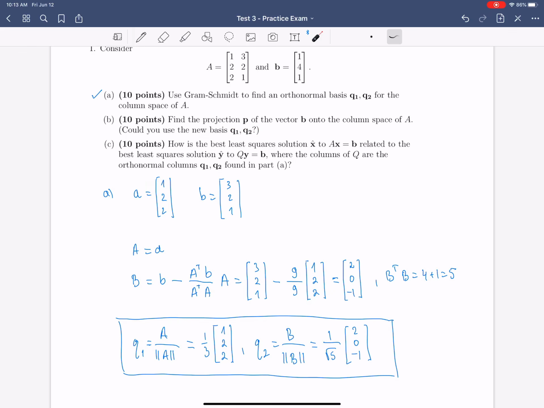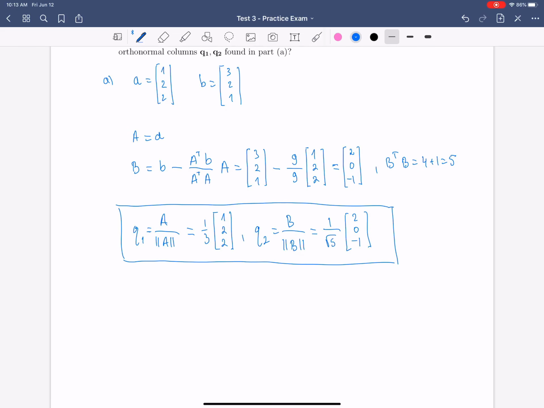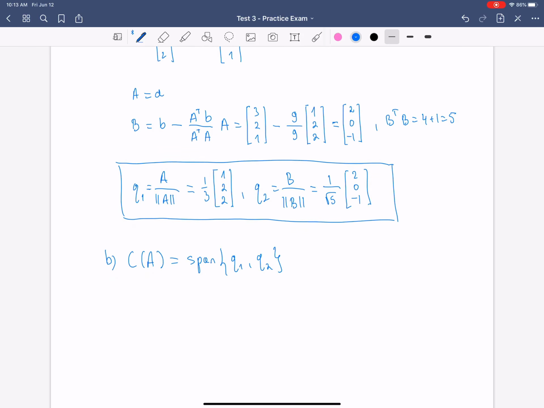So what was the formula for the projection matrix? This is where you need to have your notes handy, and I hope you have been keeping track of your notes. So what I said was that the column space of the matrix A is indeed span of Q1 and Q2. Okay, so I could be using this new matrix Q, right?